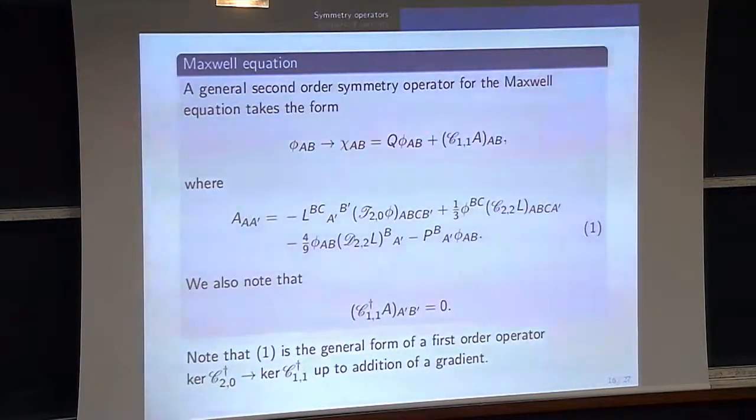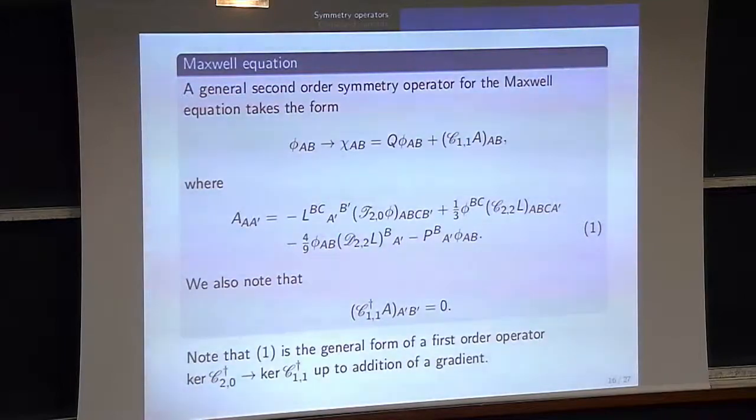So this is of course quite obvious. If you take your old solution, multiply it with a constant, then you get a solution. That part is not very interesting, but it is nice to see that we actually get a potential. A is a potential for the Maxwell field, so we automatically get that.